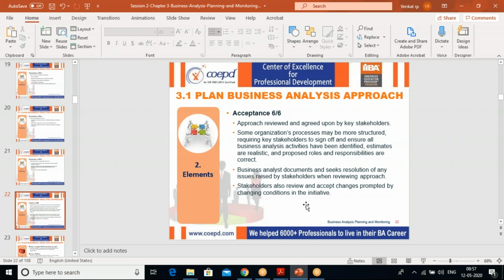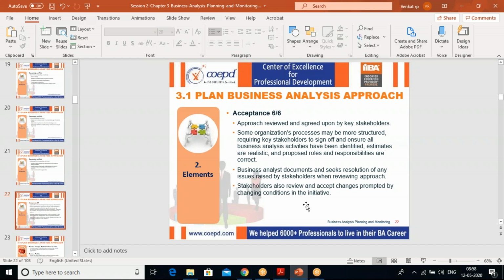Once it is approved, we have to follow it. Most of the time a business analysis approach will have a methodology. If it is a waterfall model, we are going to come up with such and such documents and such and such diagrams. We will give them an initial approach of it.